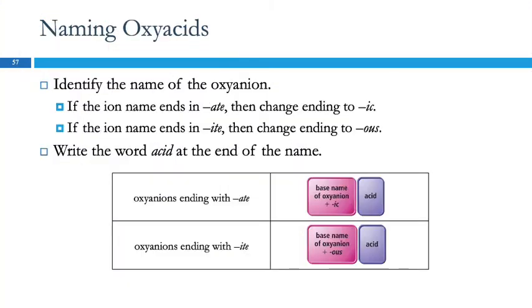The oxy acids have oxygen in them, and their names are based on the name of the oxy anion. So if we look at HNO3, if we cover up the H, we should be able to recognize that's an oxy anion, right? What is it called? Nitrate. That's the nitrate ion.